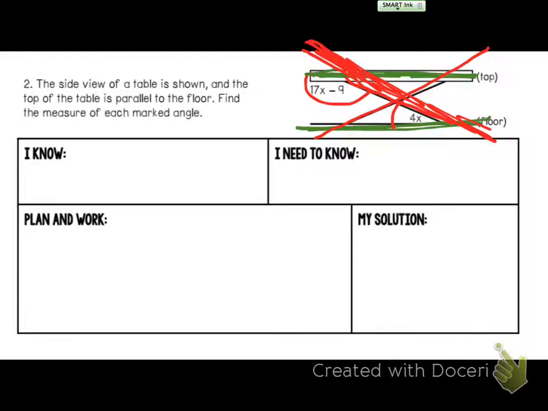So that one angle relationship written in blue up there, what's it called? Same side interior. Are same side interiors supplementary or are they congruent? They're supplementary. So what do I know? I know that this is a same side interior angle, and they are supplementary.